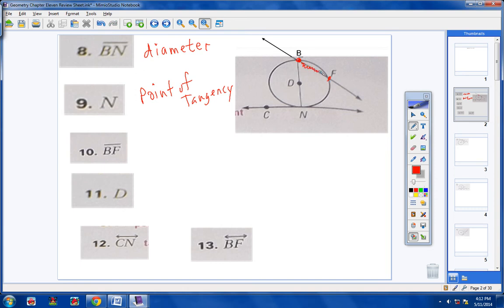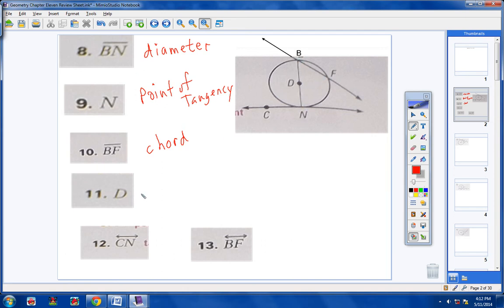Students, anytime you have a segment inside of a circle that has its endpoints on the circle, we call that a chord. So segment BF is a chord. You say, well, Mr. Earhart, BN is also a chord. Yes, it is, and I have no problem with that. But BN is also a diameter because it is a chord that goes through the center of the circle. So BN is a chord, it's also a diameter. BF is a chord.